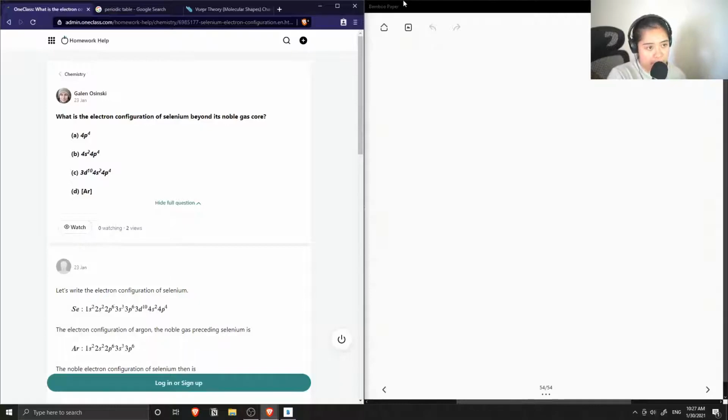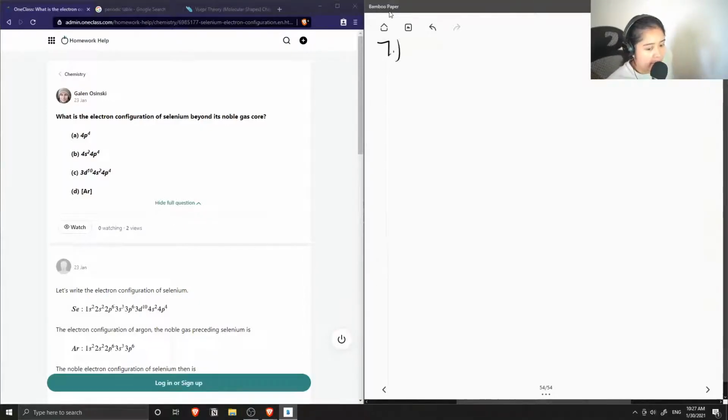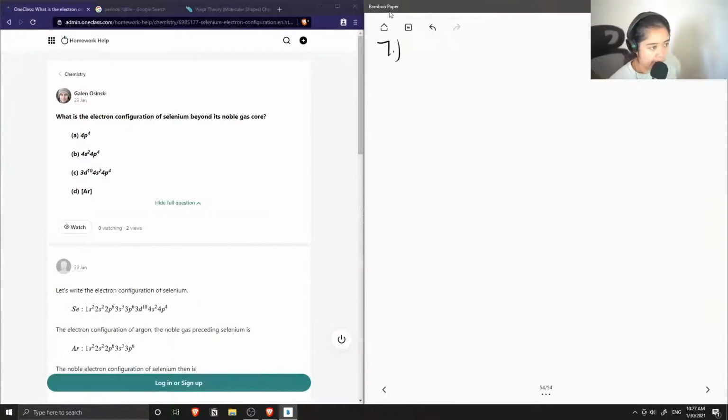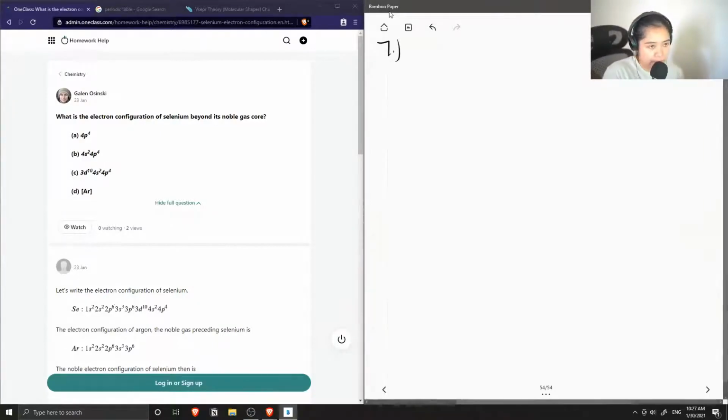Okay, so question number 7 is, what is the electron configuration of selenium beyond its noble gas core? When writing out the electron configuration, we need to follow certain steps.